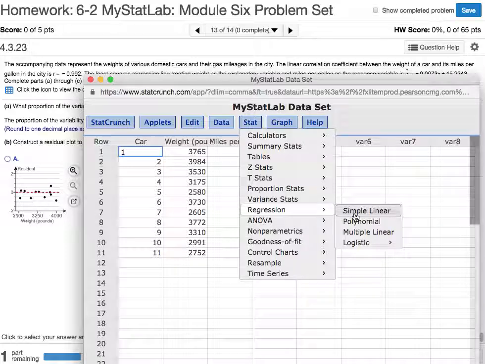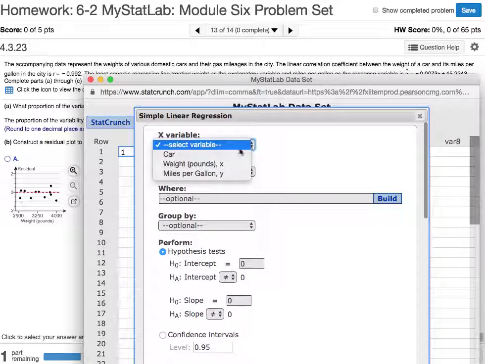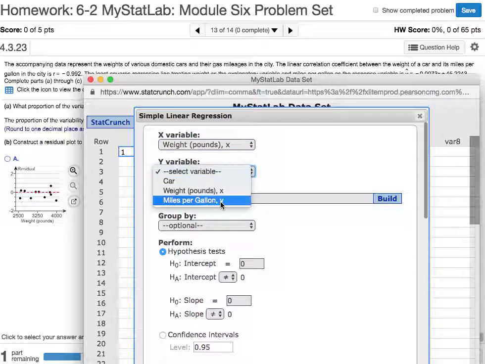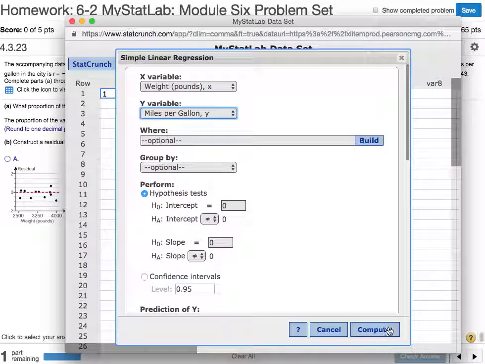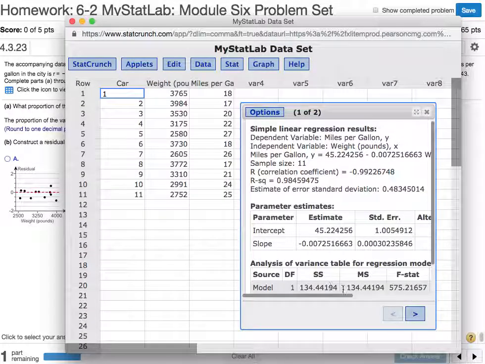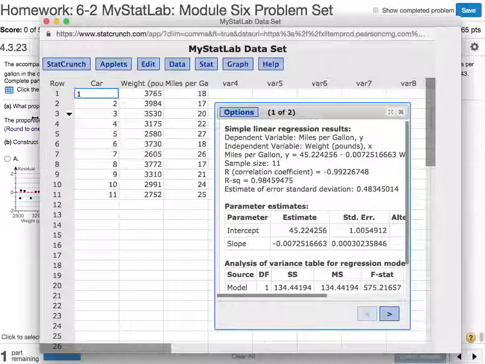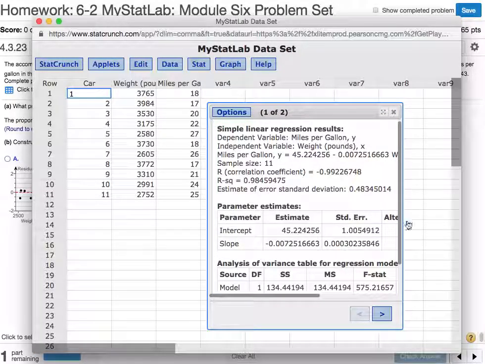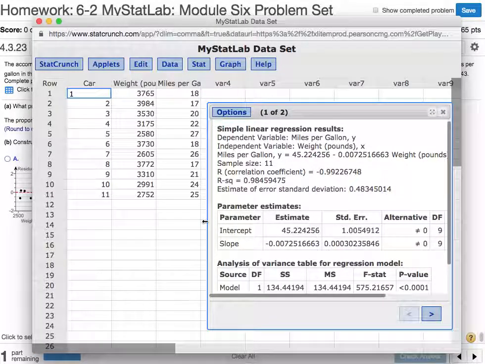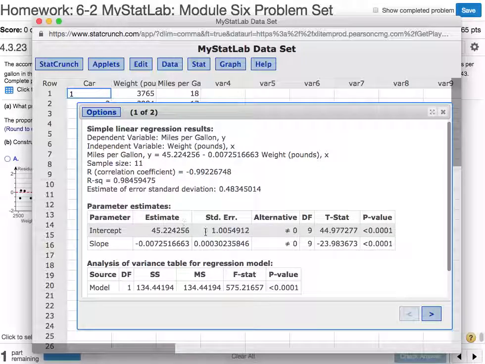It's simple linear. I have my X variable, which is weight in pounds, and miles per gallon for Y. Then I'm going to compute this information, and let me make it a little bit bigger. There we go.